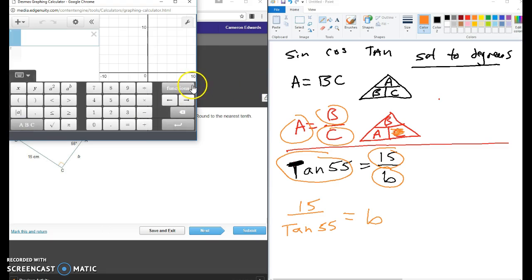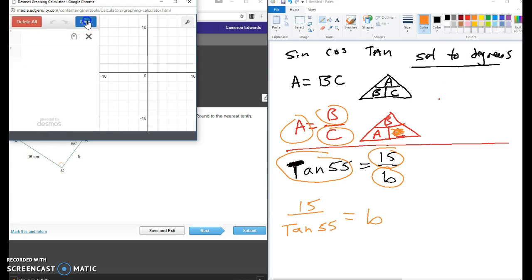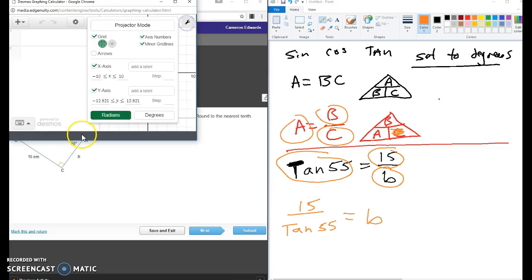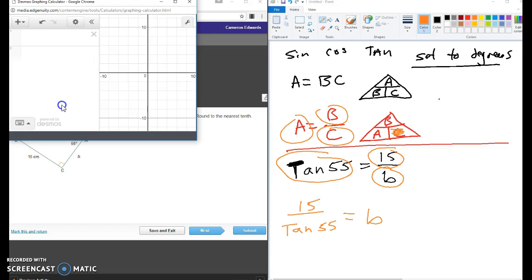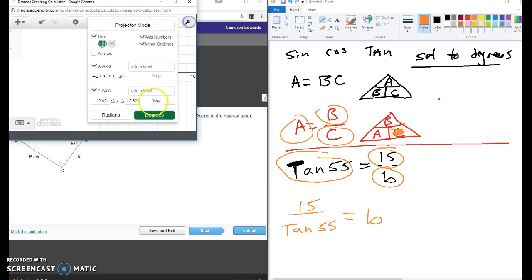There we go. So now I've got 15 divided by tangent of 55. That's all I've got to plug in. But first thing I'm going to do is check and make sure that it's set to degrees. Nope, I've got it set to radians. So I've got to make sure it's set to degrees every time. I'll check it again.